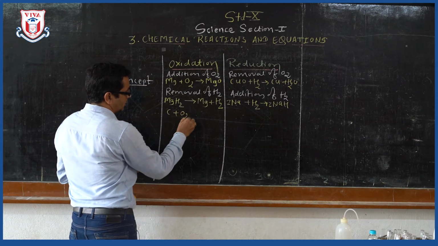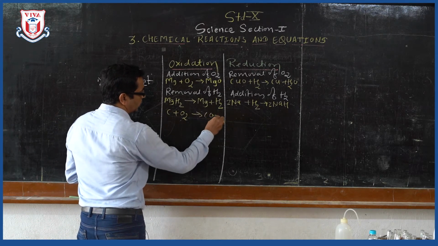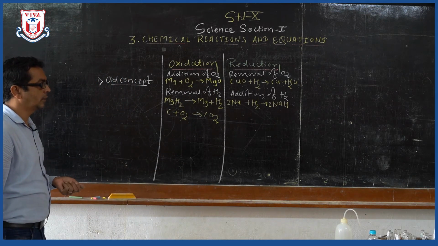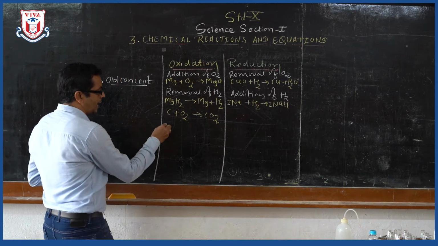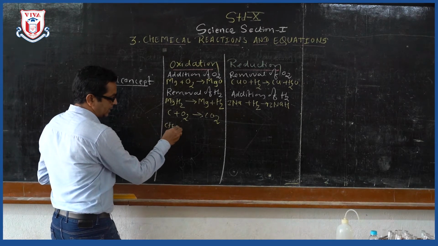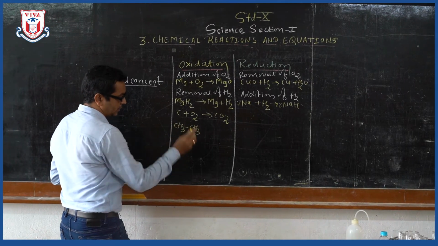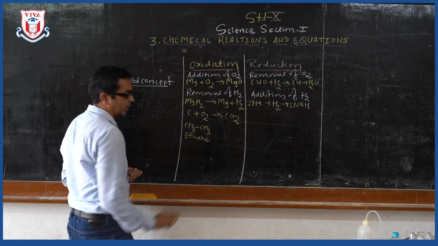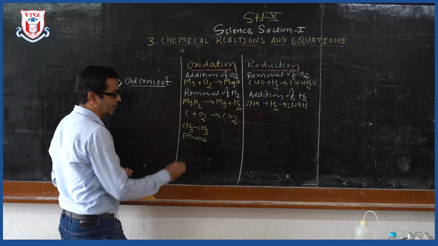Here you can write one more example: carbon, you add oxygen, you will get CO2. So this is an oxidation reaction. Or suppose this is CH3-CH3. This is nothing but ethane, a hydrocarbon, the second member of the alkanes.